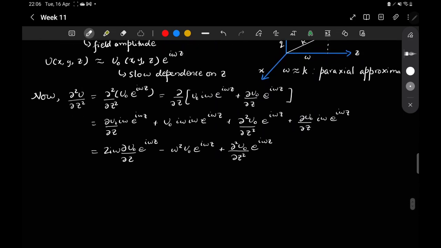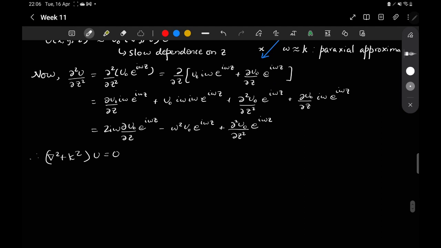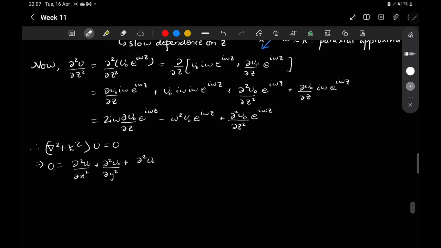Now let us put this in this Helmholtz equation. So this del squared u0 over del z squared.